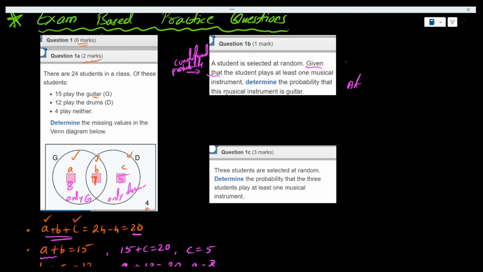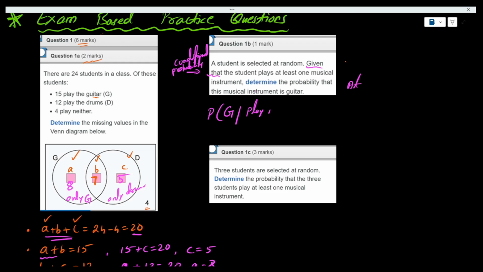What do we need to find out? Determine the probability that the musical instrument is guitar. So you can take it here: the probability of choosing a student who plays guitar, given that at least one musical instrument is played.